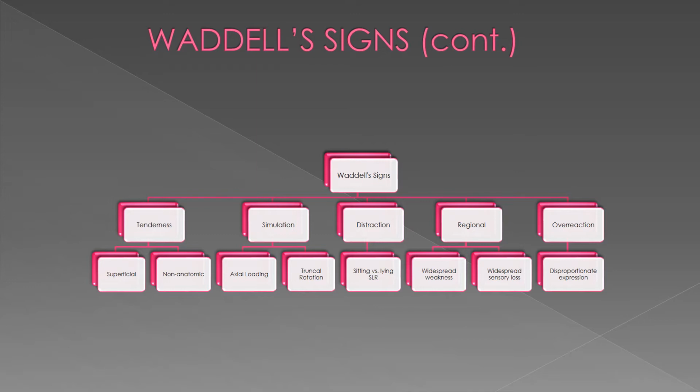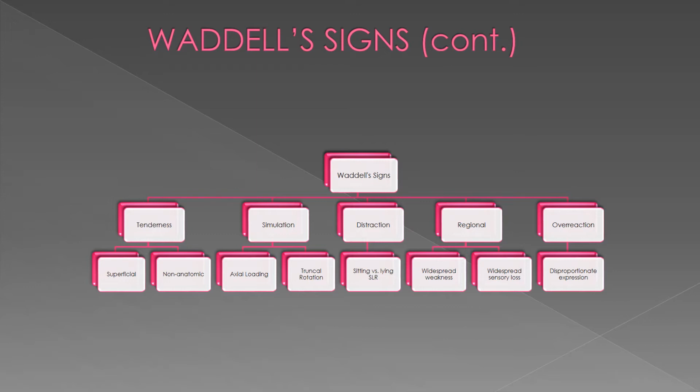A couple of simulation maneuvers that Waddell described are listed here. We have the axial loading maneuver and the truncal rotation maneuver. As far as a distraction maneuver, we're talking here about the lumbar spine. Waddell described the sitting versus the lying straight leg raise testing maneuver.